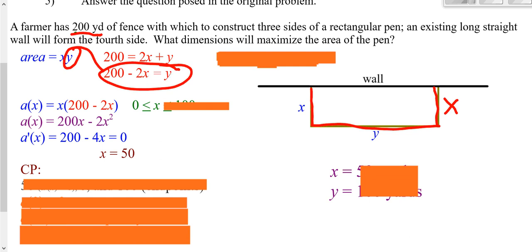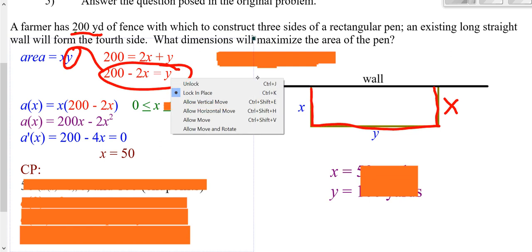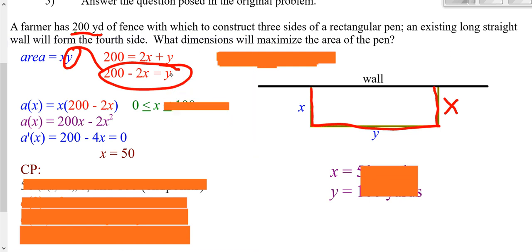So think about what the smallest y could be. Well, the smallest y could be would be 0. If y is 0, that means x would be 100. If you go y being 0 and 200 is equal to 2x, you get 100. So that's the max and min of our domain.